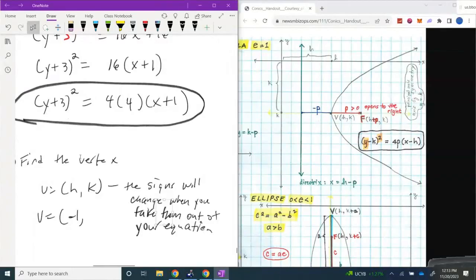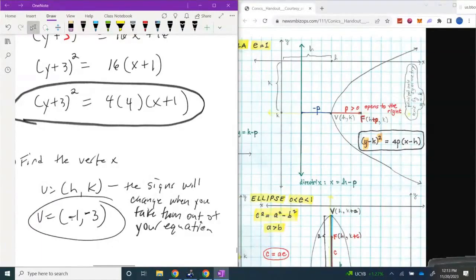So when I take that out of my equation, it becomes -3. So my vertex is -1 comma -3. H follows X, K follows Y, and the signs will change.